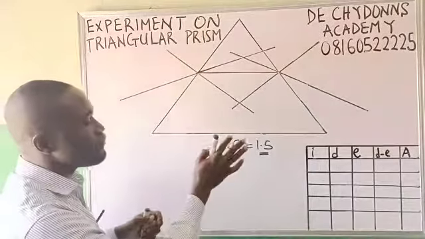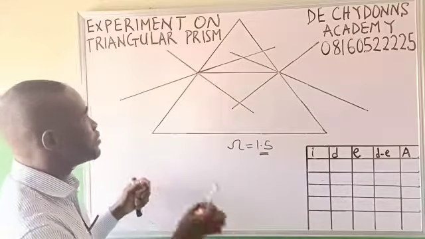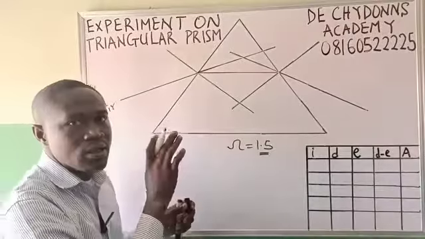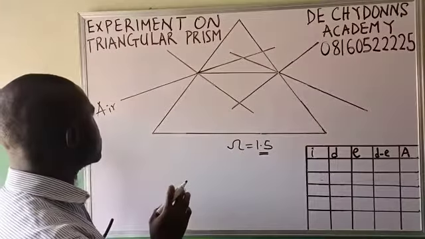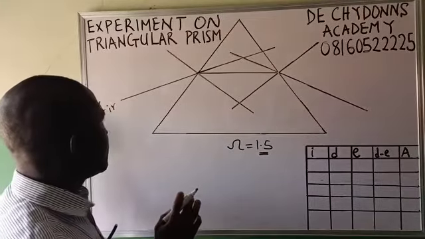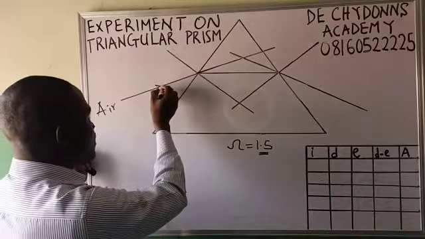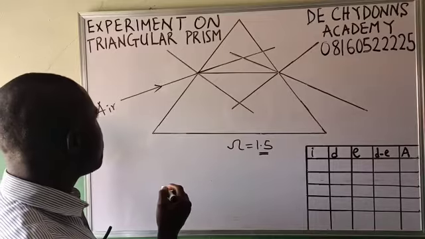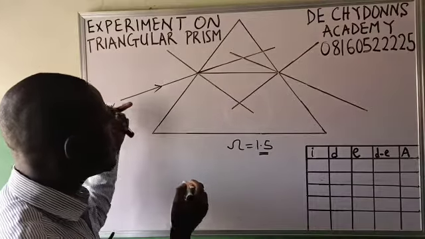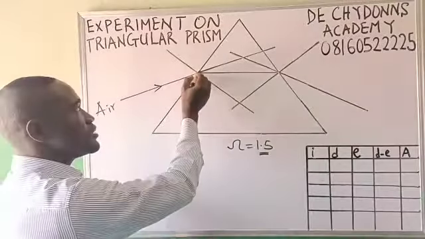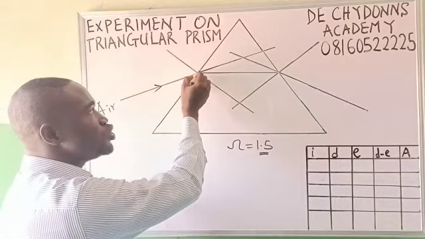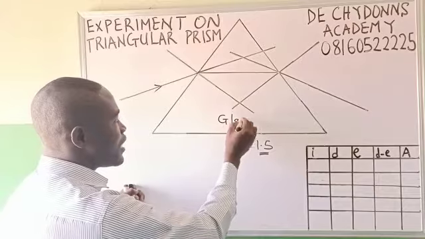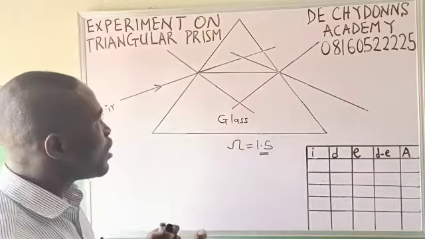Take for instance, see what I mean. When we talk about refraction of light rays, here is taken to be our air. The light ray is coming from the air. Look at the arrow of the light ray, it's coming from the air and it meets the boundary between the air and the glass. Here is your glass.